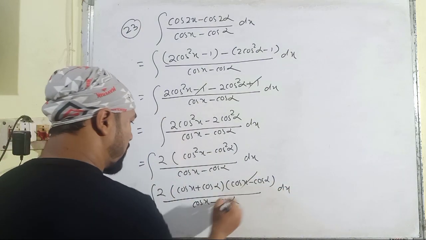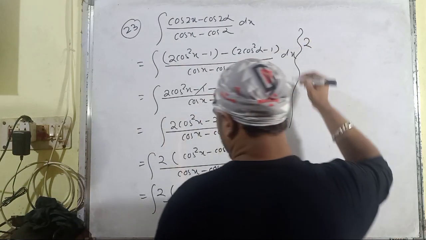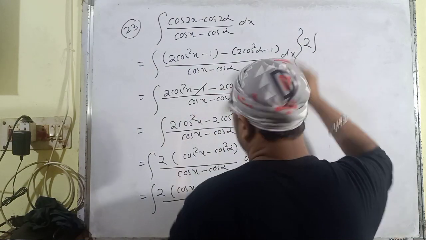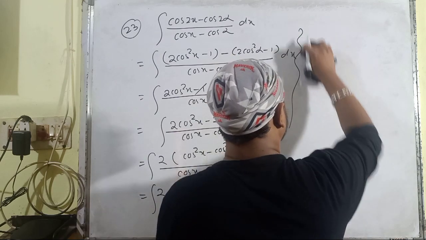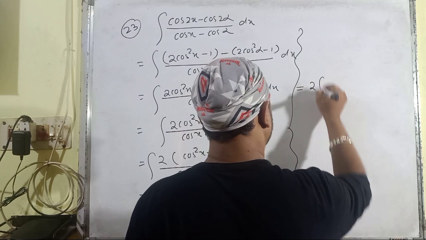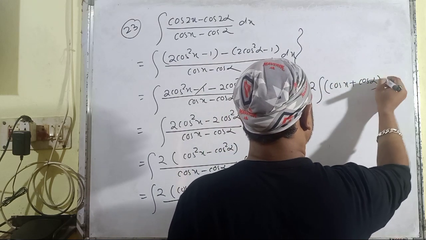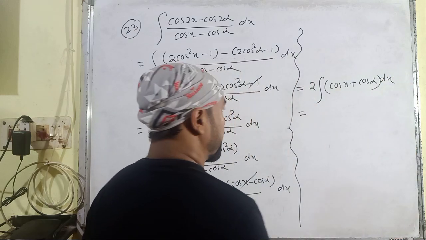Cancelling the common parts from the numerator and denominator, the remaining terms are 2 multiplied with the integral of (cos x plus cos alpha) with respect to x.